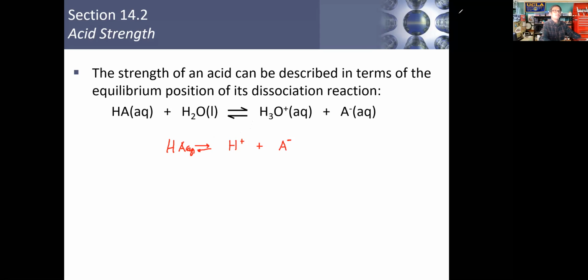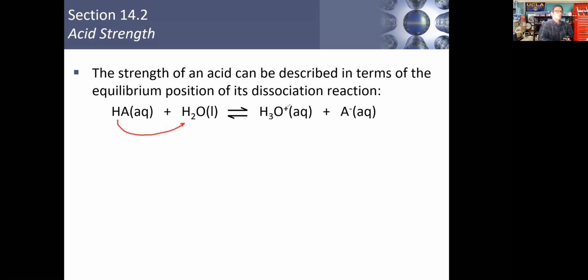Bronsted-Lowry, on the other hand, defined an acid based on what it does when that compound finds another compound. In this example, this is an acid because it gives its hydrogen. If we trace the arrows here, it gives its hydrogen to water.